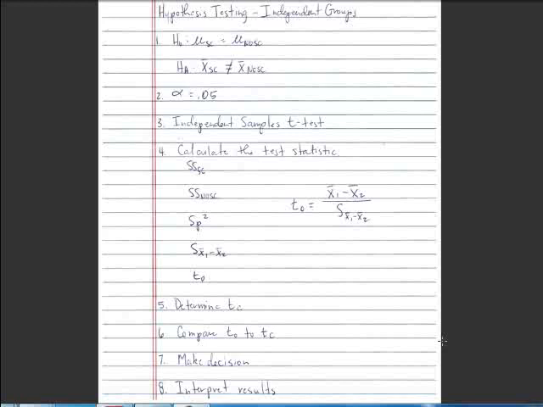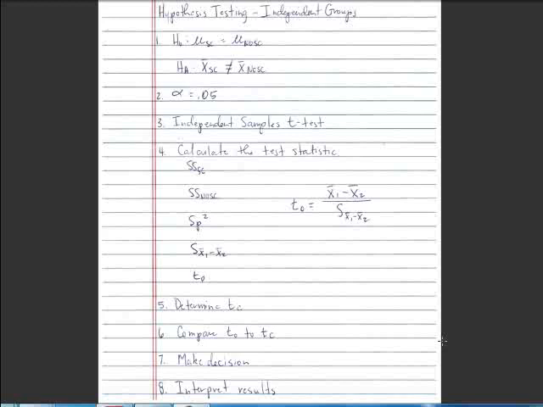Step number 4, in a few moments, is calculating the test statistic. You see some of the things we'll be identifying and calculating. S sub SC is simply the variation in the scented group. S sub NOSC is the variation in the non-scented group.